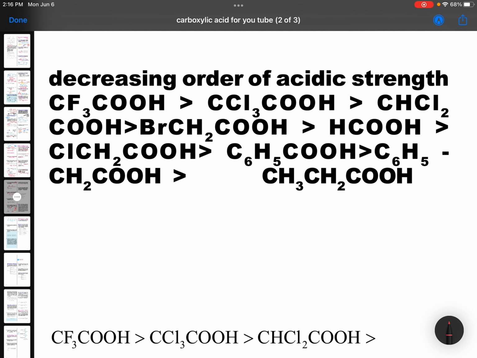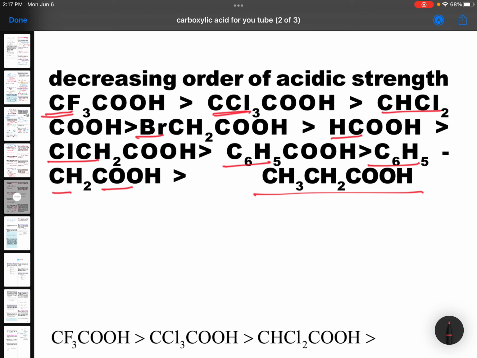Decreasing order of acidic strength is given. You see the CF3 group is present here, then CCl3, then CHCl2, then Br, then HCOOH, then ClCH2, C6H5CH2COOH, and CH2CH2COOH.